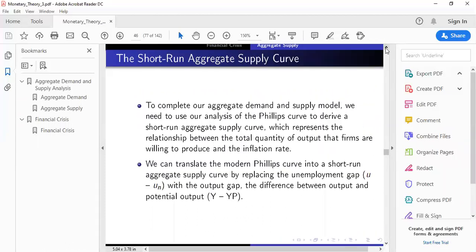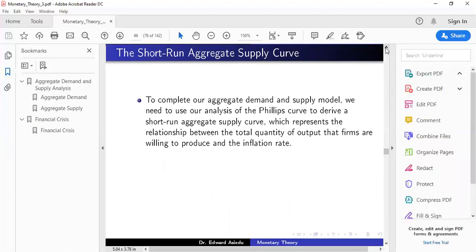So one important thing linking the Phillips curve: we have linked the relationship between inflation and unemployment. You can also think of relationships between unemployment in the economy and other variables in the economy.